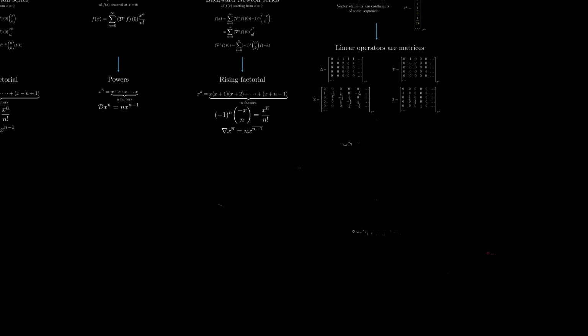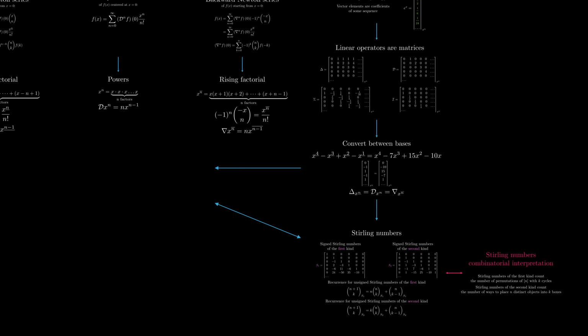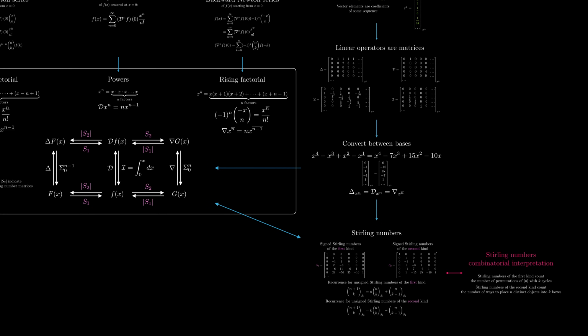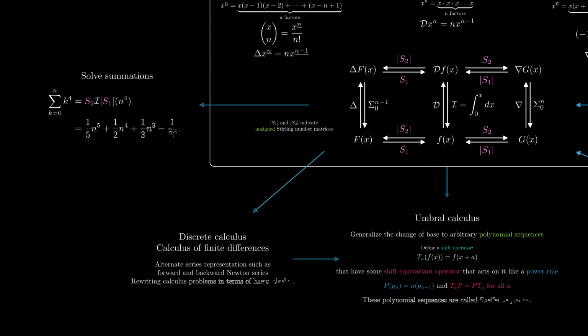This gives us an easy way to convert the polynomial bases using Stirling numbers to falling and rising factorials. This means that all problems involving derivatives and integrals can be rewritten in terms of finite differences and summations and vice versa. In this way, we are introduced to novel ways of approaching calculus. This produces a very discrete computational method for solving calculus problems.